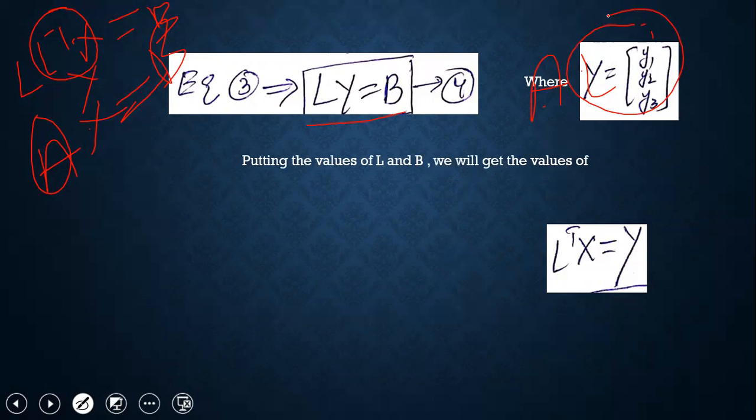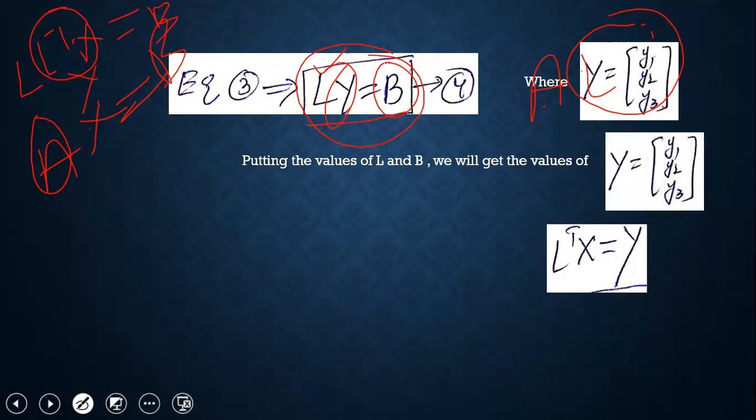Now putting the values of L and B, we will get this one, where we have to put the values of, already we have calculated, L11, L21, L22, L31, L32, and L33. And Y is there, Y1, Y2, Y3. And this B is also there.